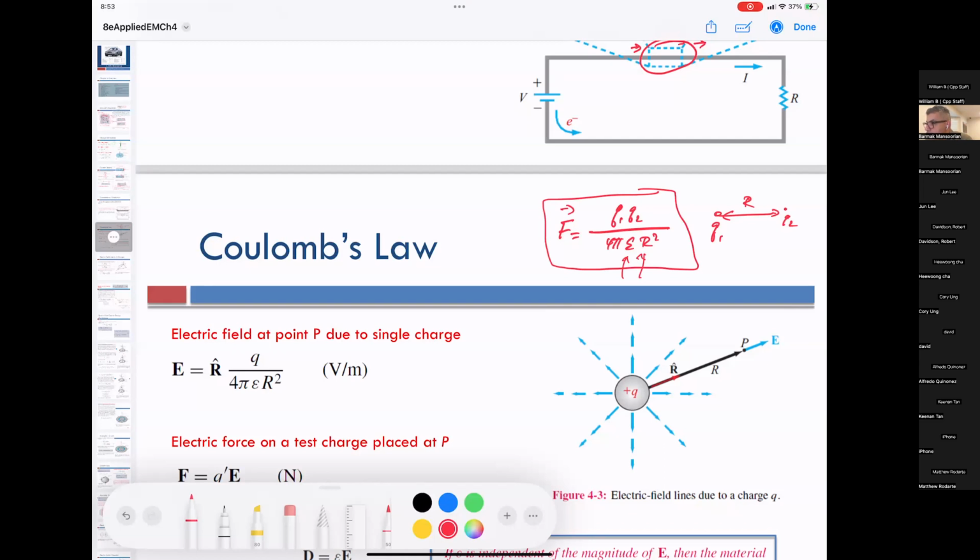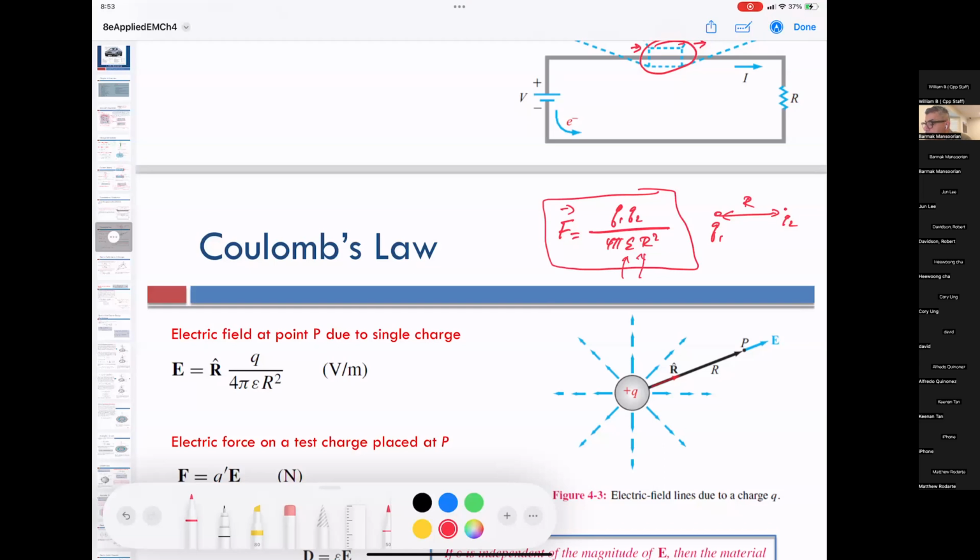So what this tells you is the force between two charged things is proportional to the amount of charge. Obviously you can have positive and negative charges. If either Q1 or Q2, but not both, is negative, the force is going to be negative. If they were both negative, then Q1 times Q2 would be a positive value.